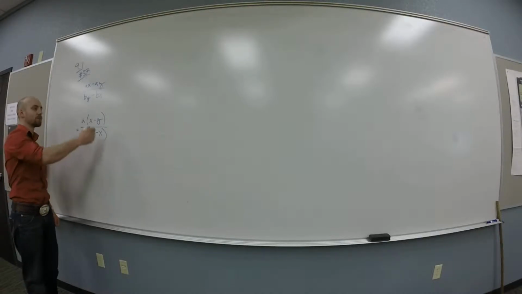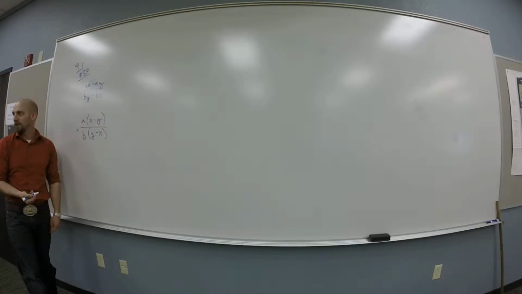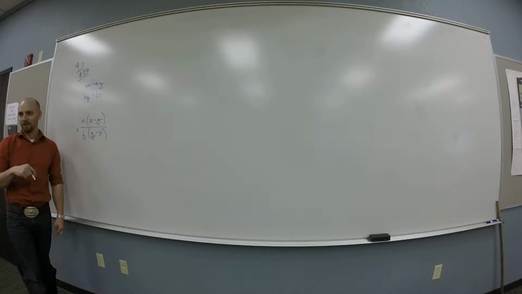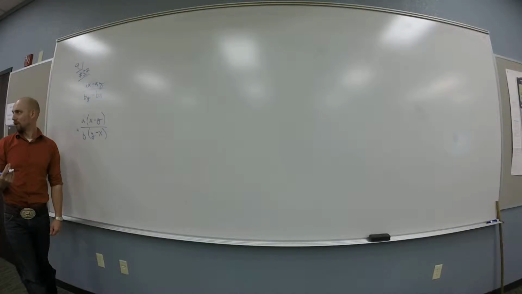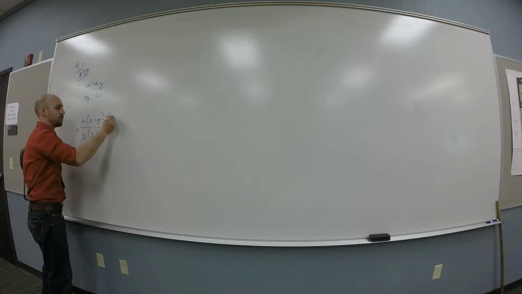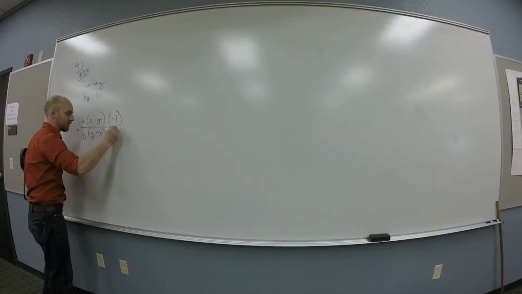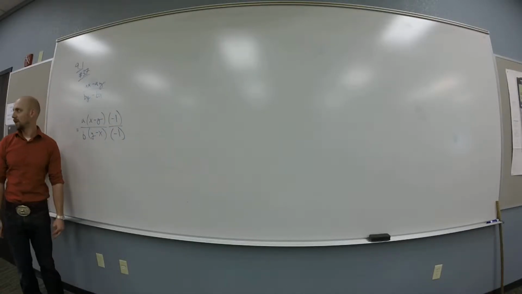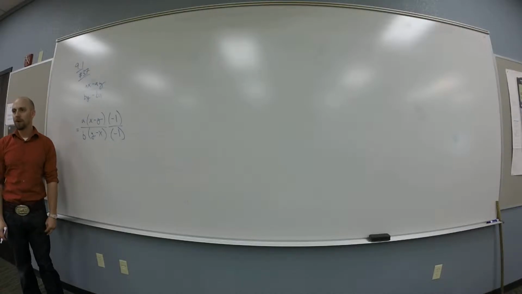That's one way to do this. Another way would be to multiply by negative 1 over negative 1, and then distribute one of them in. You guys want to see both? They amount to the same thing. Let me do this one, I guess. So I'm going to multiply by negative 1 over negative 1. Is that changing anything? No? We're okay with that?